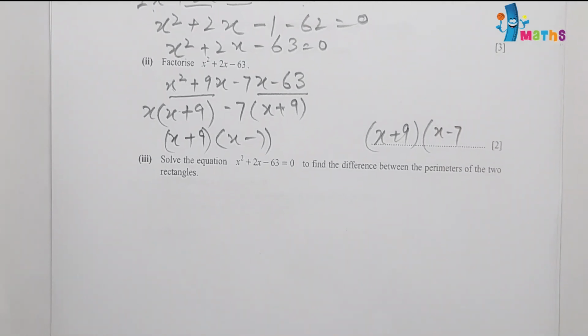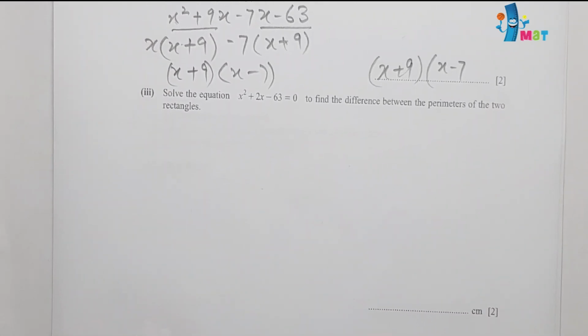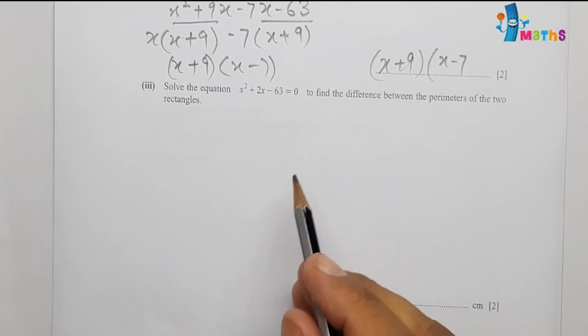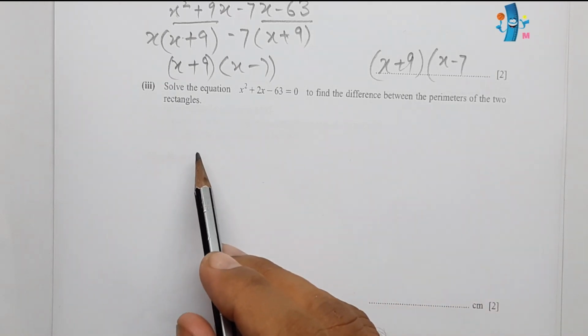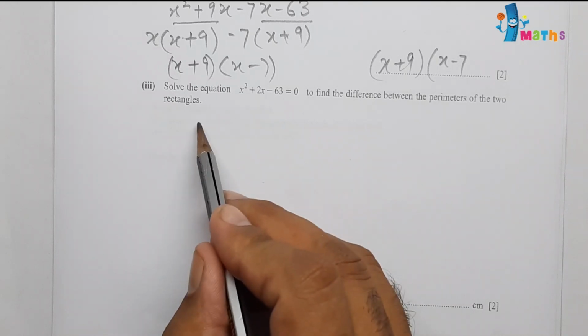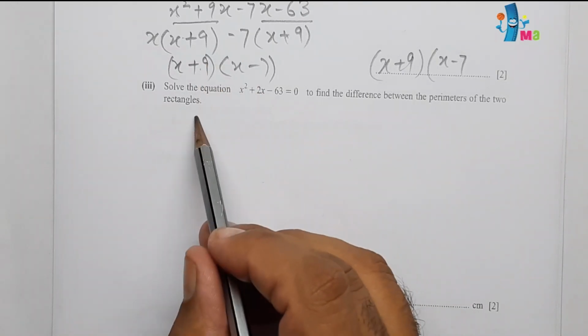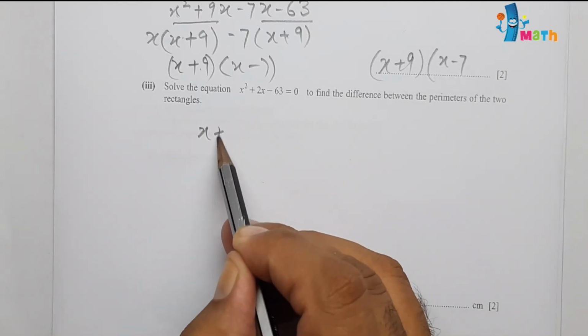Then solve the equation x squared plus 2x minus 63 is equal to 0 to find the difference between the perimeters of the two rectangles. So to find x, we can apply the quadratic formula to solve this one, or even we can write this one, x plus 9.